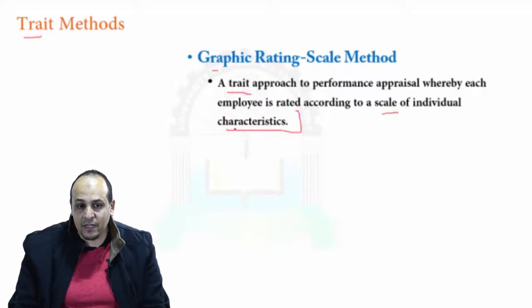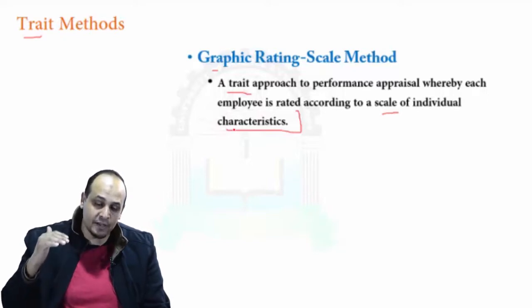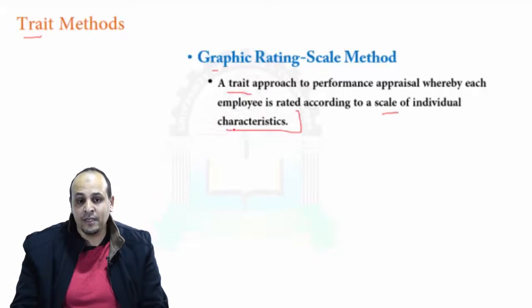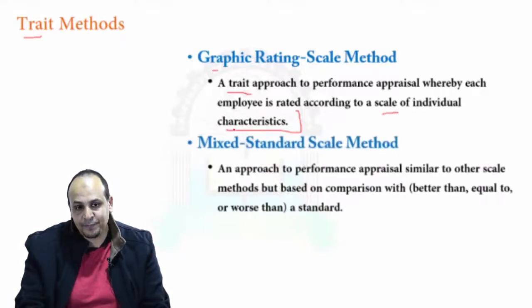Now, such individual characteristics will vary from one job to another. So, a set of characteristics will be defined, for example, punctuality, performance, intellectuality. So, these are things we can use as traits in order to measure the employees.